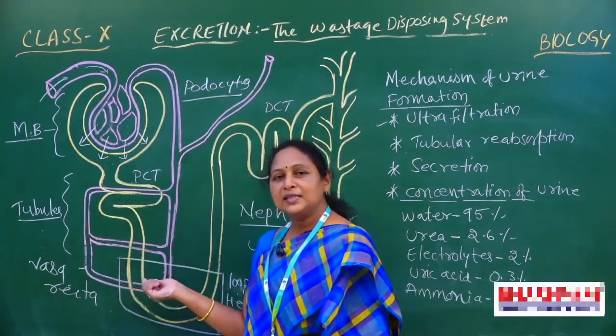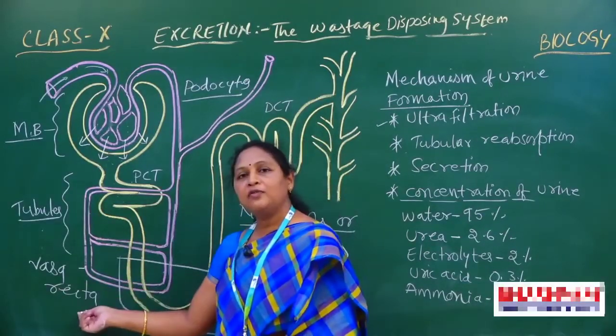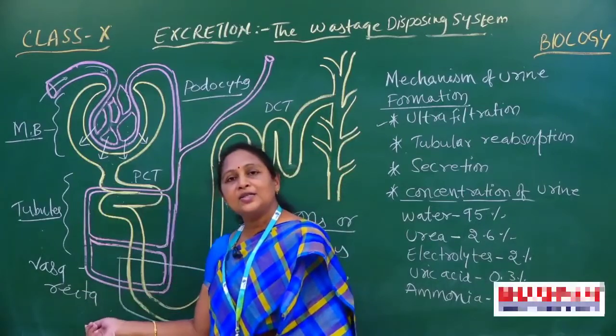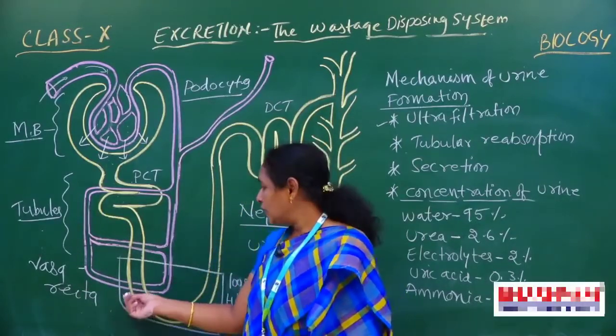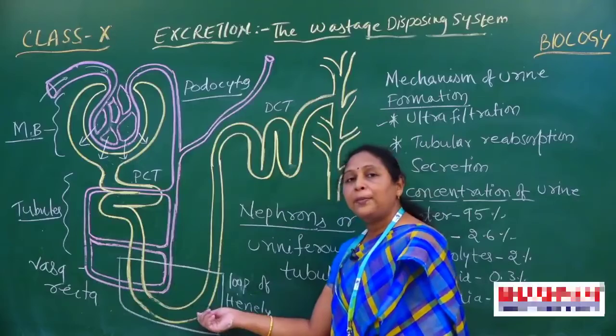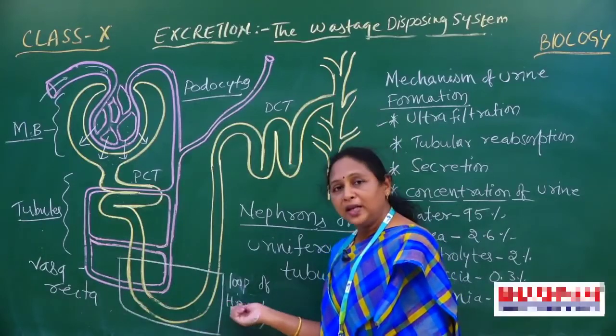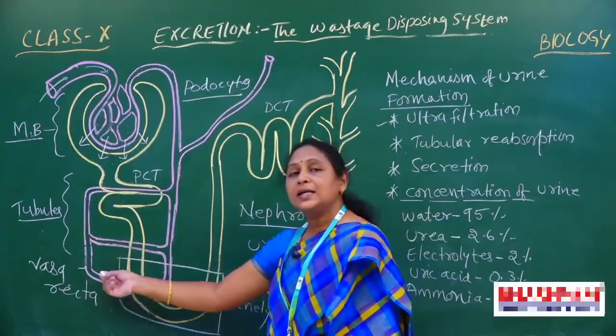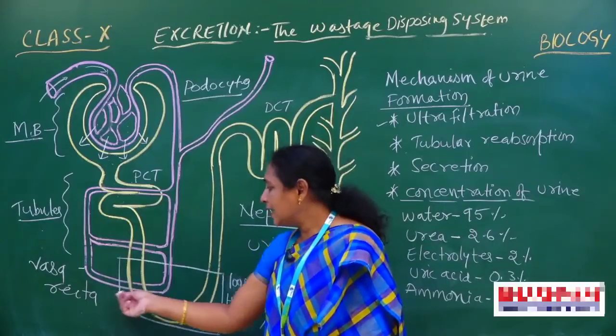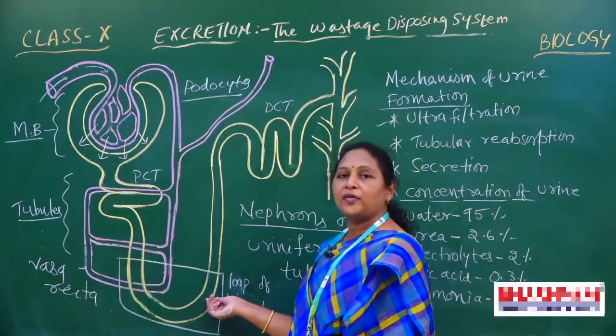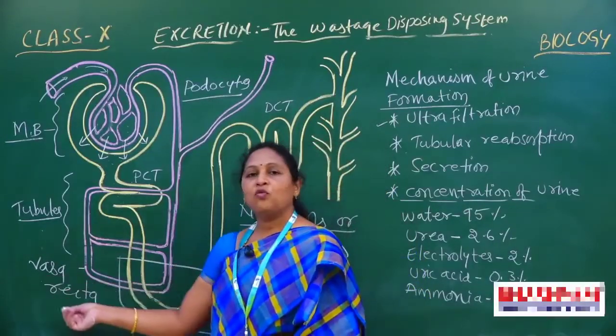Peritubular capillaries and vasa recta. Vasa recta is also a capillary network, which surrounds this U-pin shape of the loop of Henle. So the blood vessels and capillaries surrounding this loop of Henle, we call vasa recta.